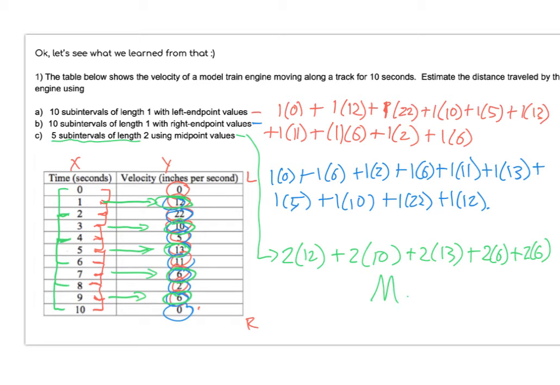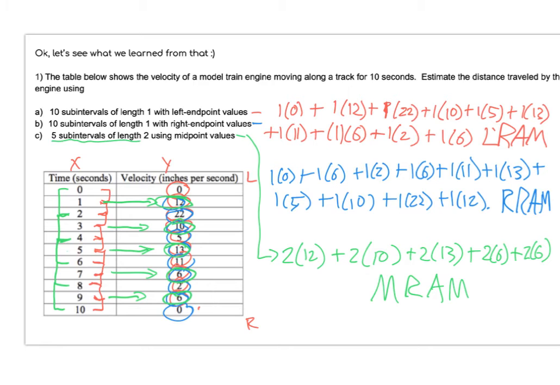This would be my midpoint Riemann sum. That stands for midpoint rectangular approximation method. This would be my RRAM, right rectangular approximation method, and my LRAM, left rectangular approximation method.